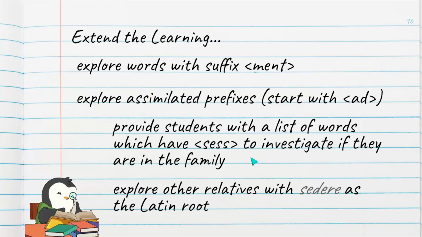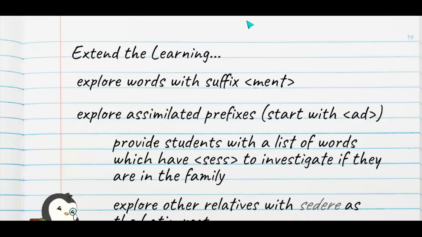You can provide students with a list of words which have that SESS in them and investigate if they're actually in the family or not. And I'll show you the website that helps us do that. And then you can also give them the sedere, that Latin word, to look in the Etymonline Online Dictionary to see if there are other relatives that they could find.